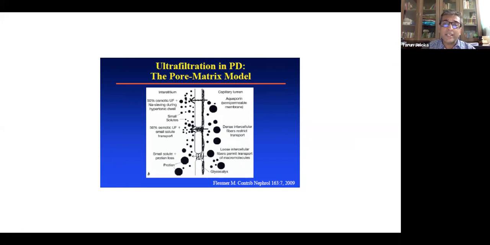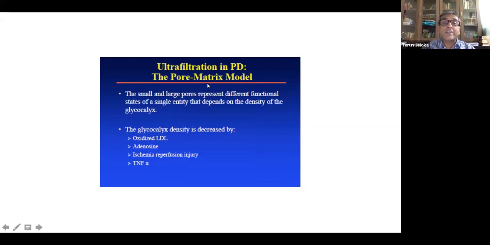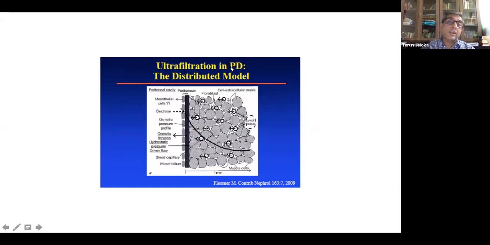So predominantly, again, it is small pore and large pore only, but the explanation is that it depends upon the density of the glycocalyx, and it may be variable as well. Today, it may work as a large pore, and there are factors which can induce the density of glycocalyx, and it can work as a small pore tomorrow. So this is about the other model. As I said, the small and large pores represent different functional states of a single entity that depends on the density of the glycocalyx. And the third model is the distributed model.